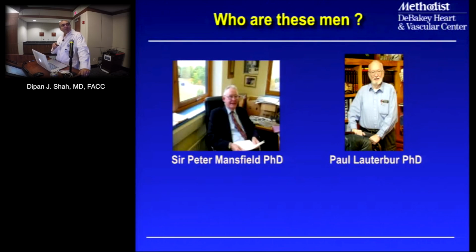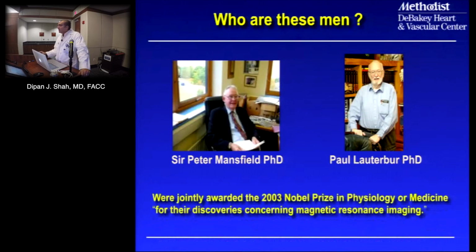So Sir Peter Mansfield and Paul Lauterbur. These are two PhDs that were given the Nobel Prize in Physiology and Medicine for their discoveries regarding MRI. So these are the founders of MRI, kind of like Gruntzig would be the founder of angioplasty. I guess maybe they're not quite as famous as Gruntzig.